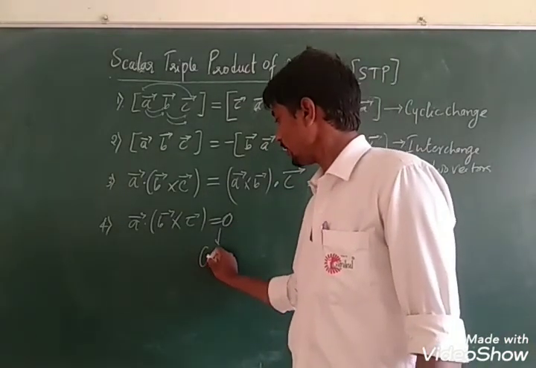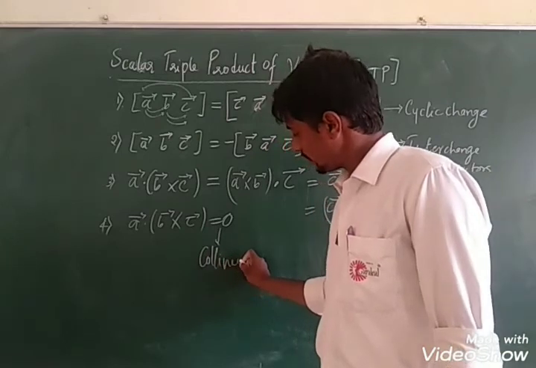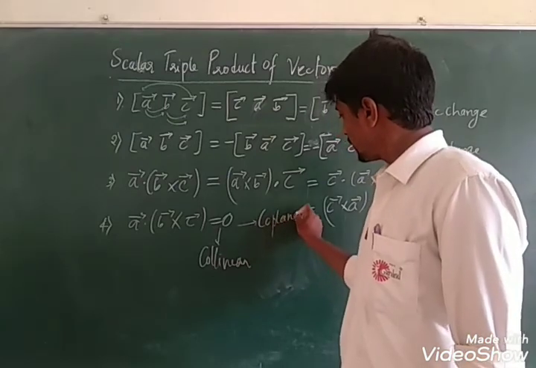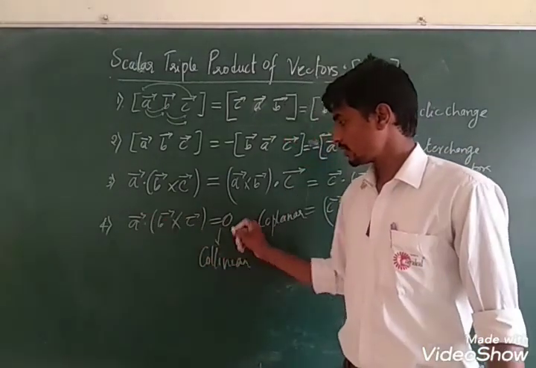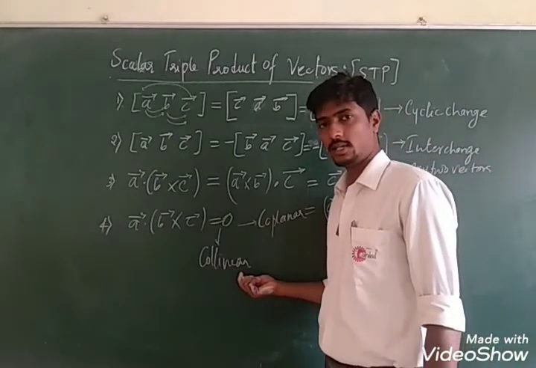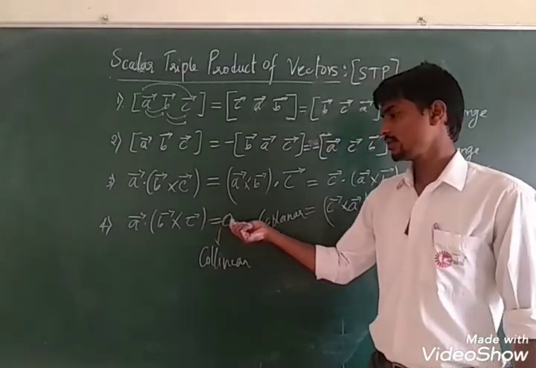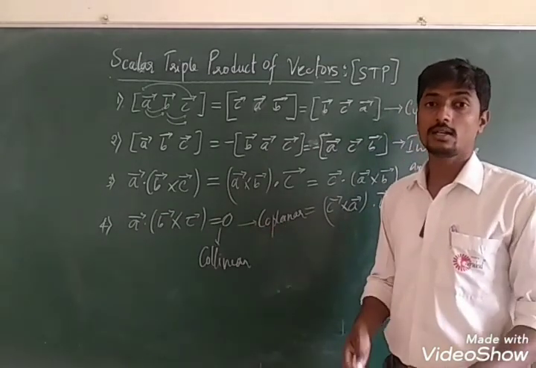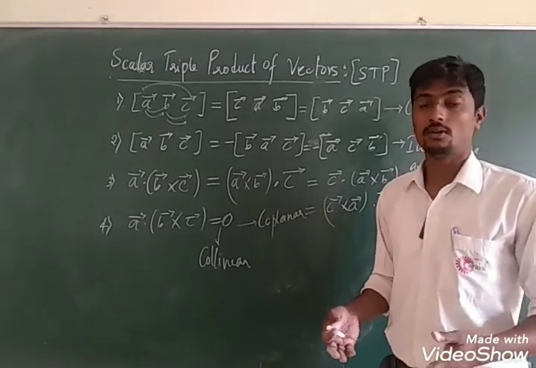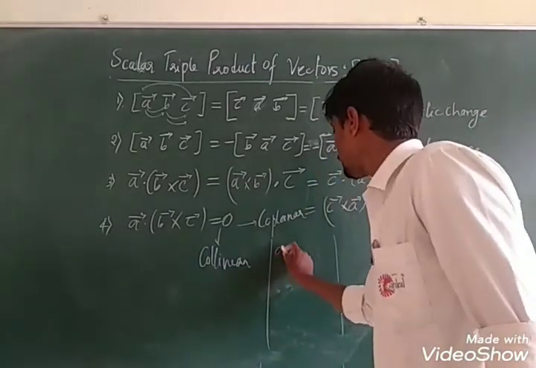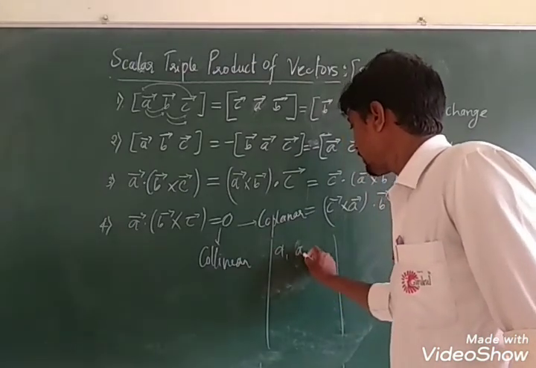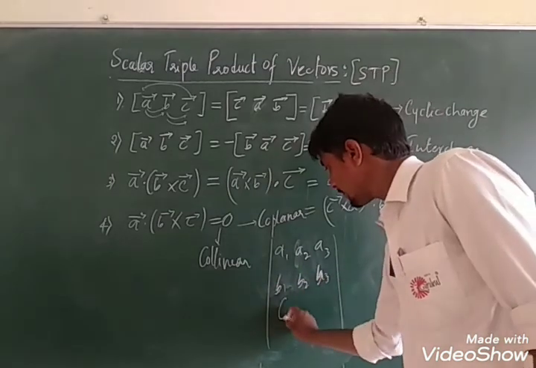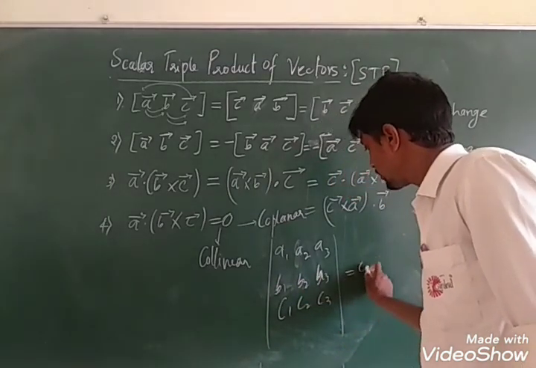So now there are two cases: one is collinear, and another is coplanar. If A dot B cross C is equal to 0, any two vectors behave as collinear, and in another case the vectors are coplanar. So the value of the determinant with rows A1, A2, A3, B1, B2, B3, C1, C2, C3 is equal to 0.